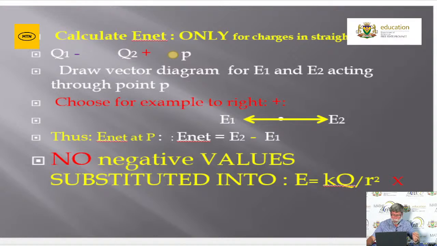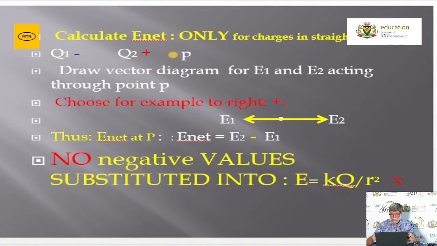Now, what is the formula that you use? It is E equals kQ over r squared. So you have two calculations using that formula. You get the two answers and you subtract the values from each other, and then you interpret your direction.